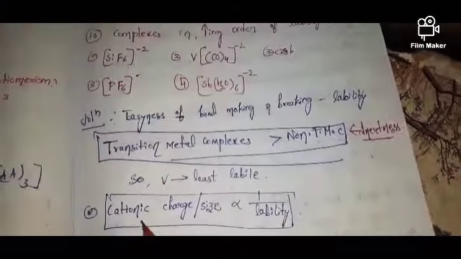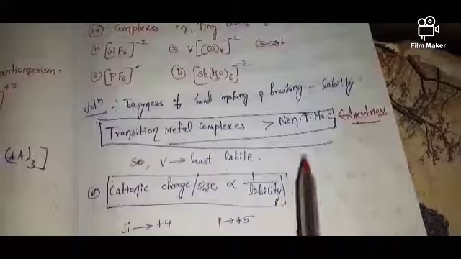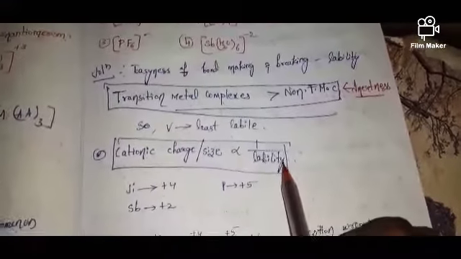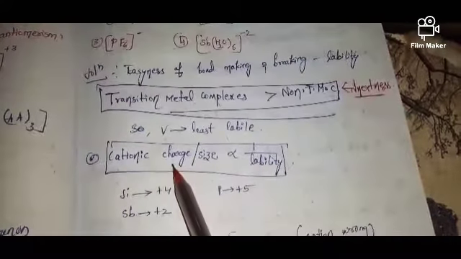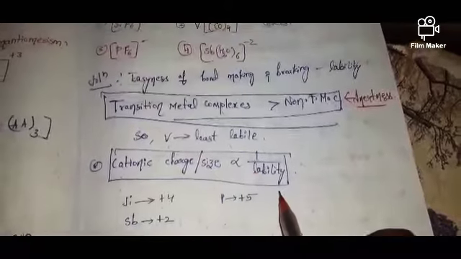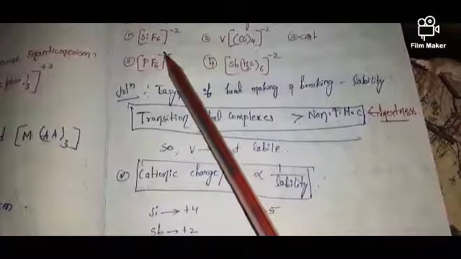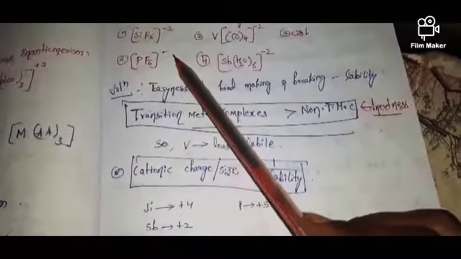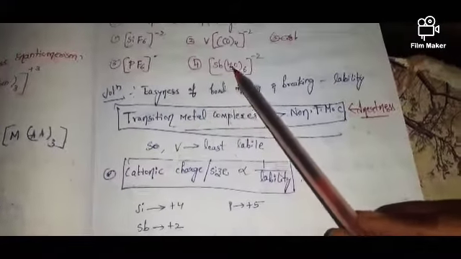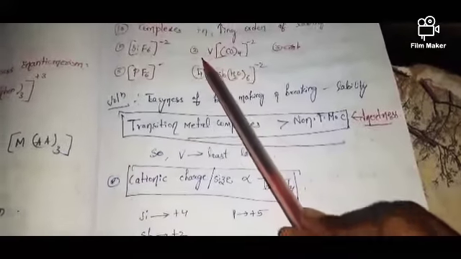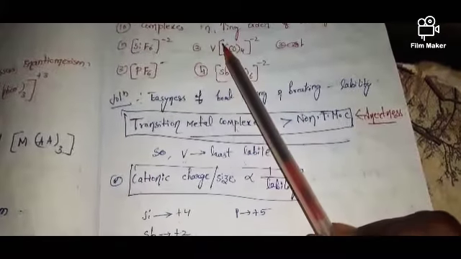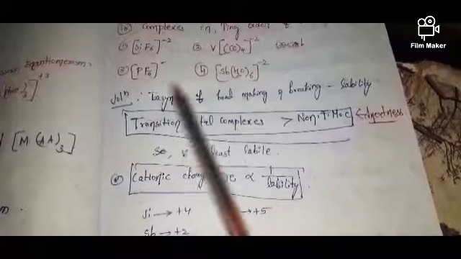Next, cationic charge or size is inversely proportional to lability. If the charge is more, then lability is less. Silicon has a +4 charge. We already observed that vanadium has the least lability, so now we observe these two.